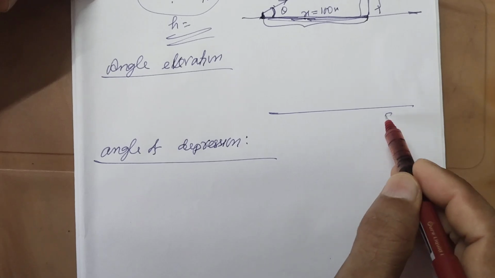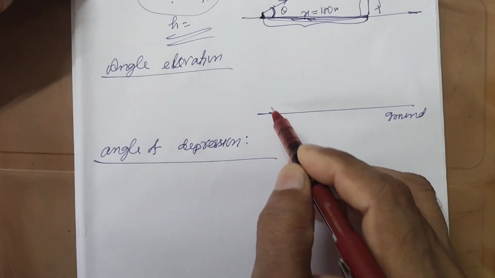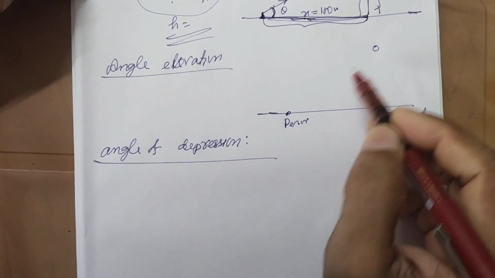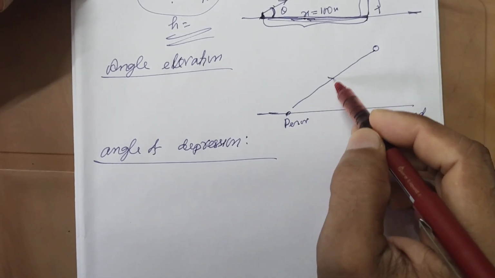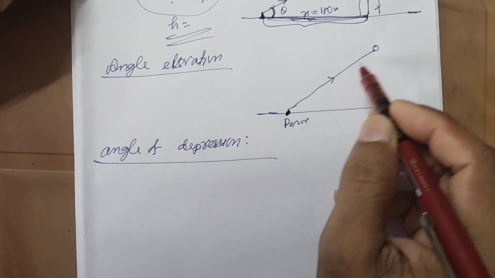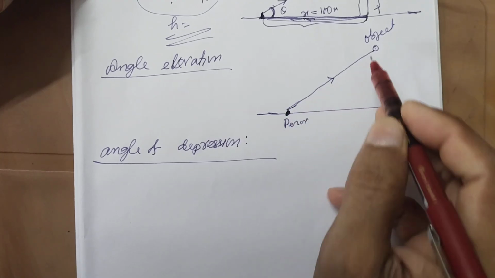See, when a person is on the ground, a person is looking upward at some object. The line joining the eye of the person and the object is called line of sight.